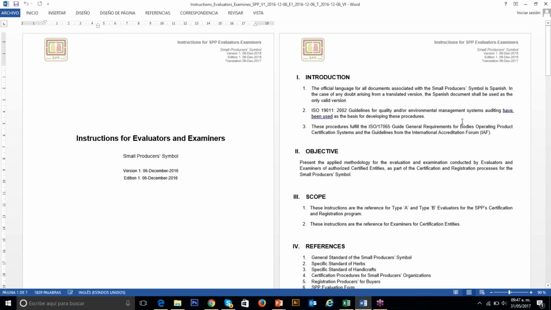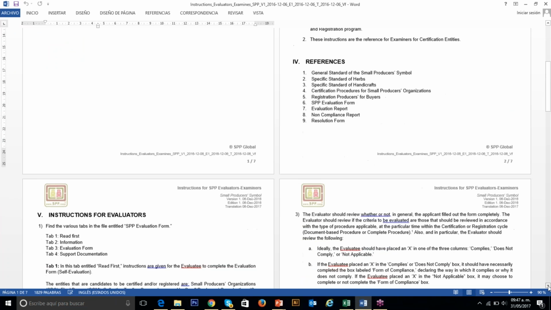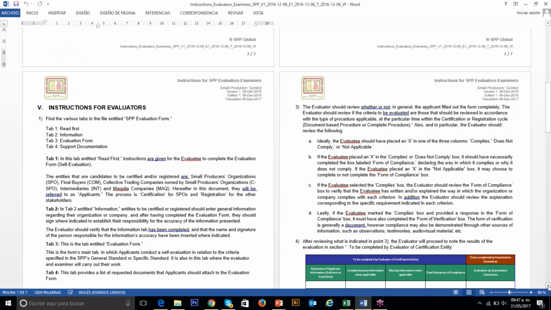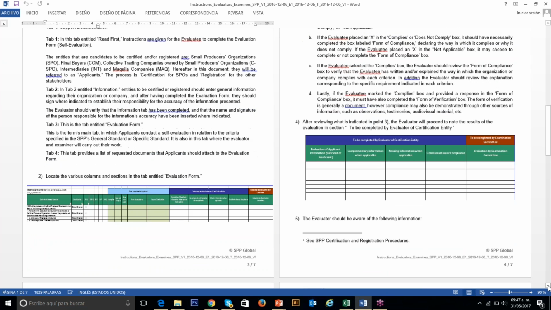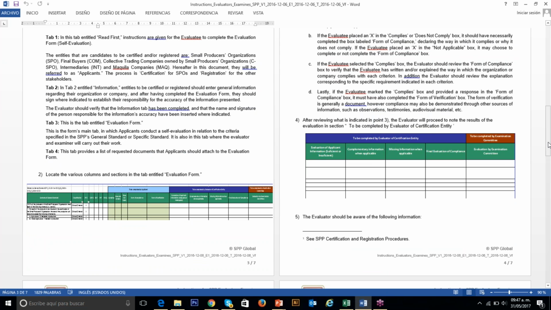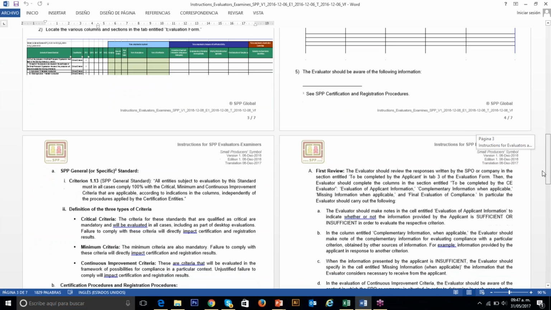But when you send the form, you have to explain, maybe in the email, how to complete it in a summary manner. And preferably, you have to filter the criteria that they would have to complete.